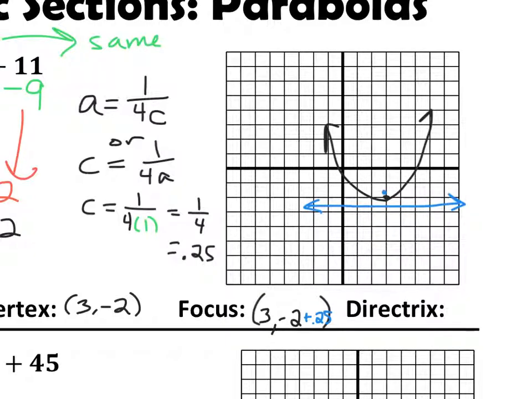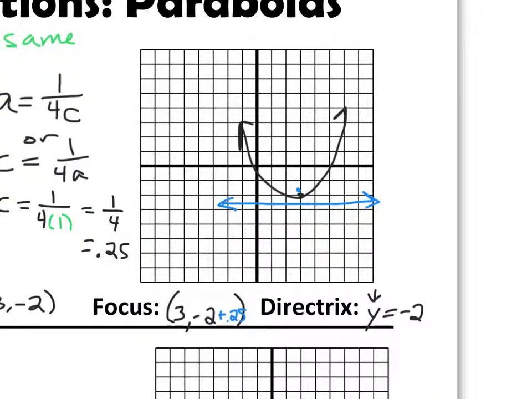And then my directrix, when it's a horizontal line, is going to be y equals, because the graph of a horizontal line is from the equation of y equals. And then that's going to be my y coordinate, because it's y. Okay, y coordinate. And now we're going to minus 0.25 because it is below my parabola.